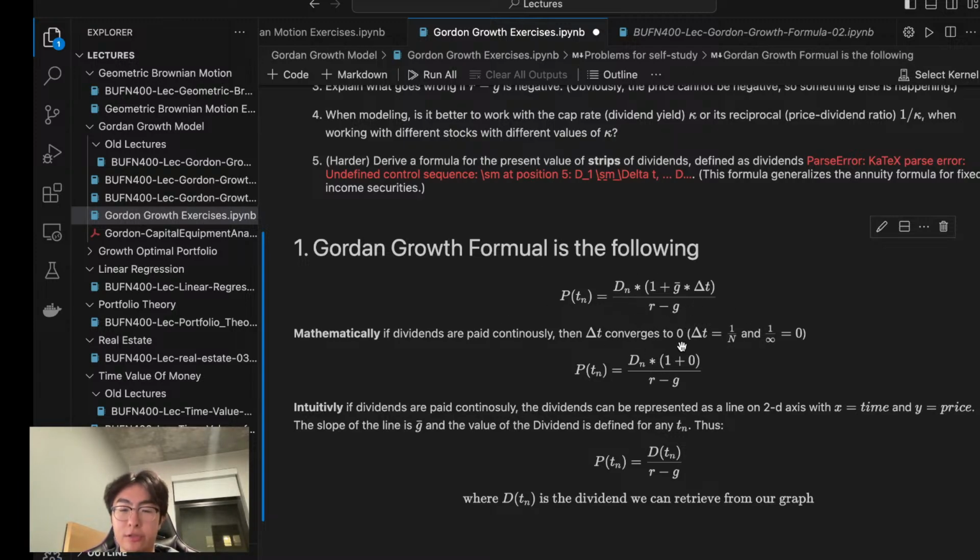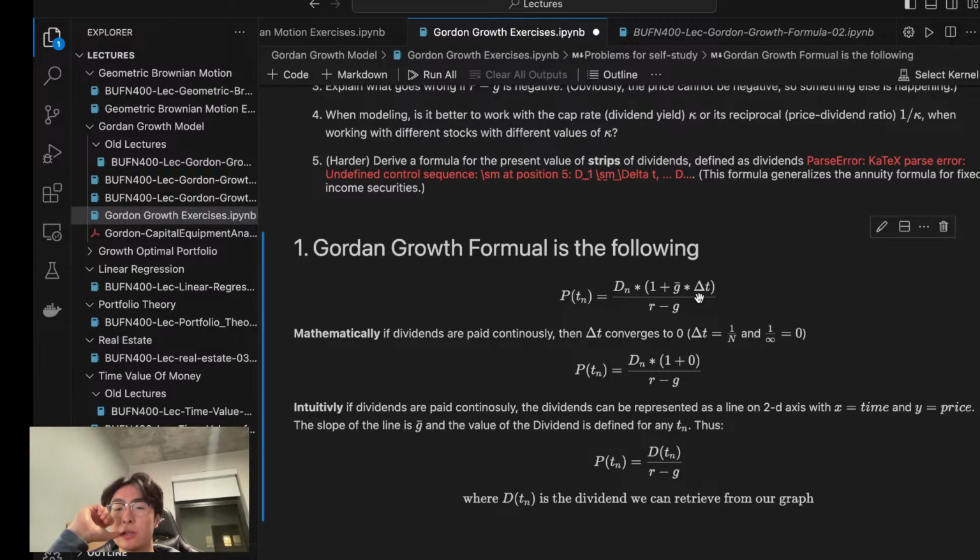Or I guess this is another way to express the actual Gordon growth model, assuming that our model actually works in the sense that the growth rate is less than the expected return.